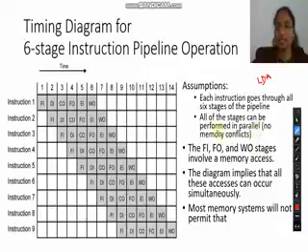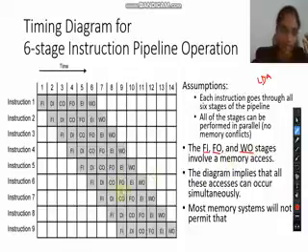But here we assume that each instruction goes through all the 6 stages of the pipeline, and all of these stages can be performed in parallel, that is, without any memory conflicts. But this is also not practical. For example, fetch instruction, fetch operands, and write operand, these 3 stages involve a memory access.